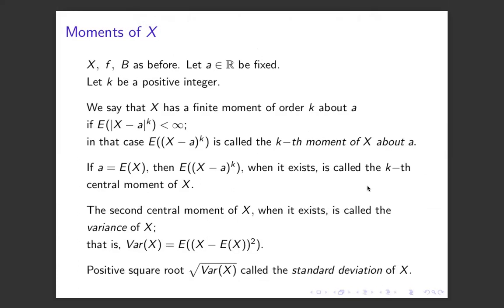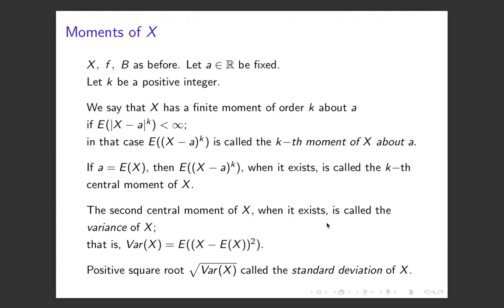And if k equal to 2, the second central moment, when it exists, is called the variance of x. And variance of x is precisely expectation of x minus ex whole square.